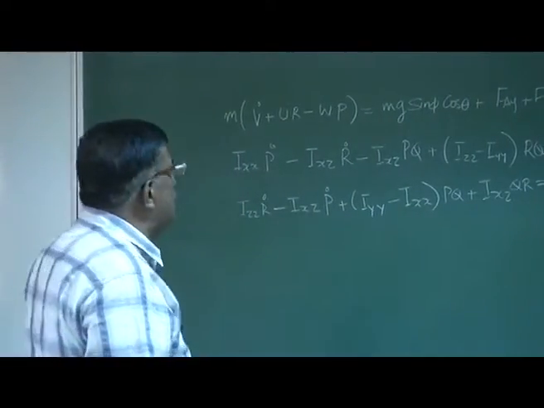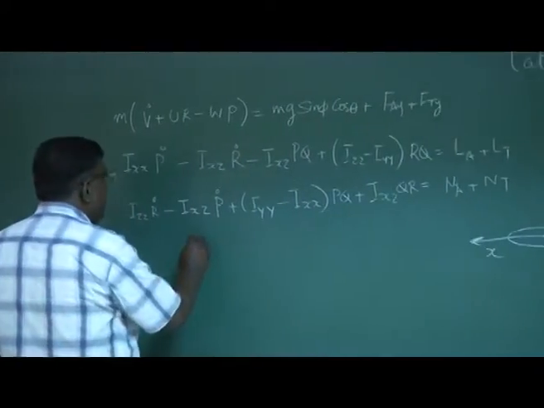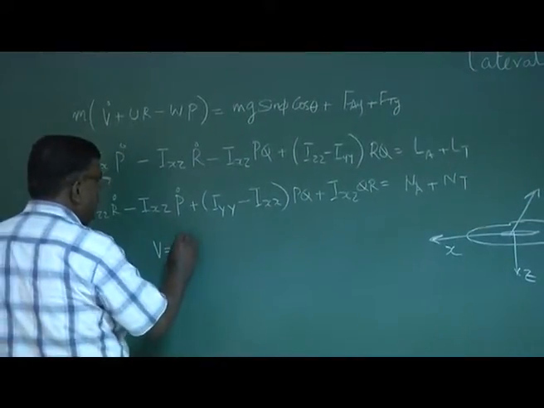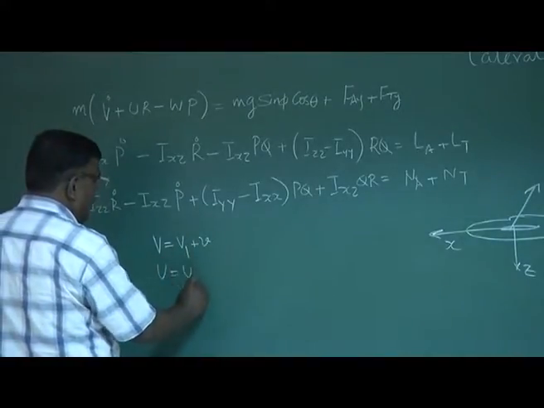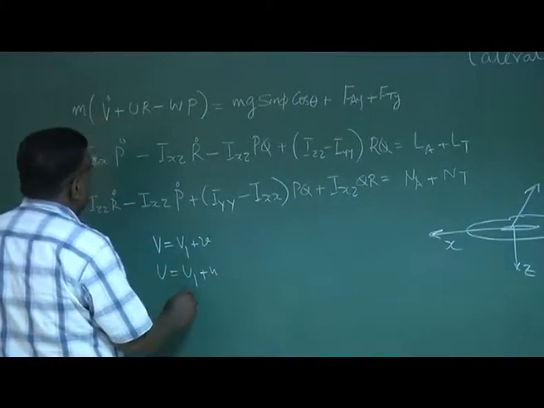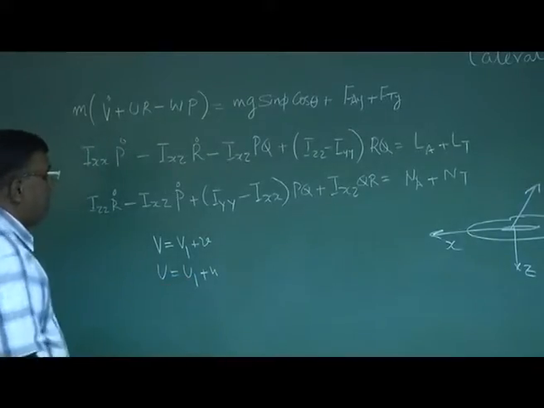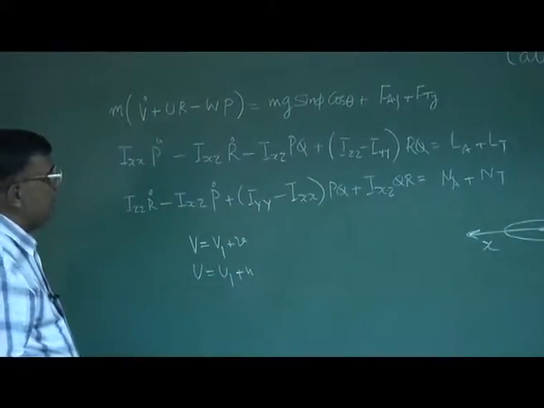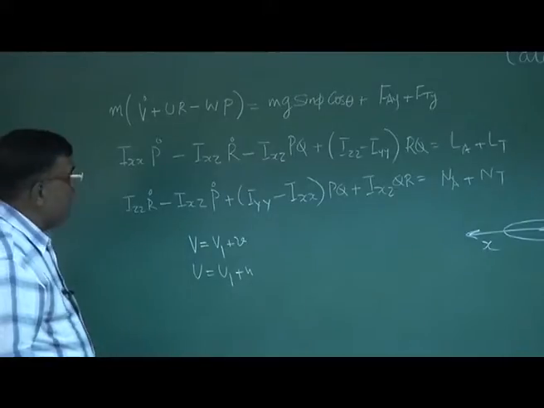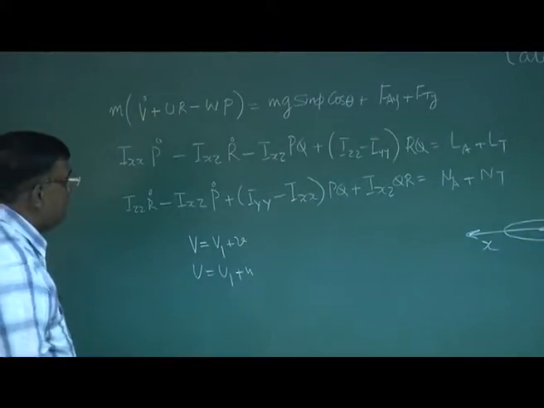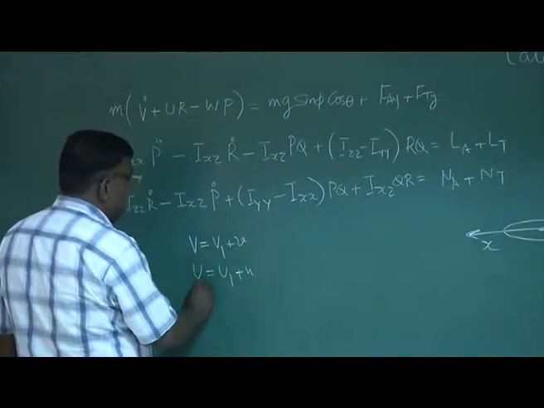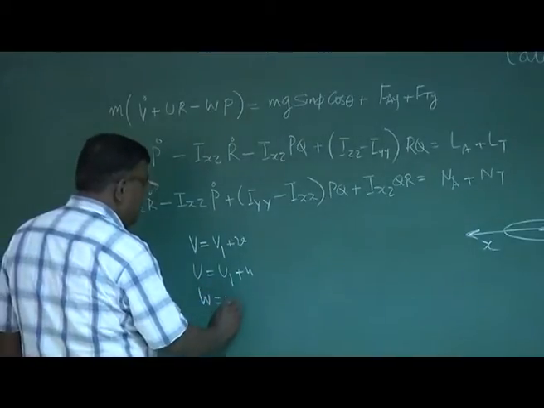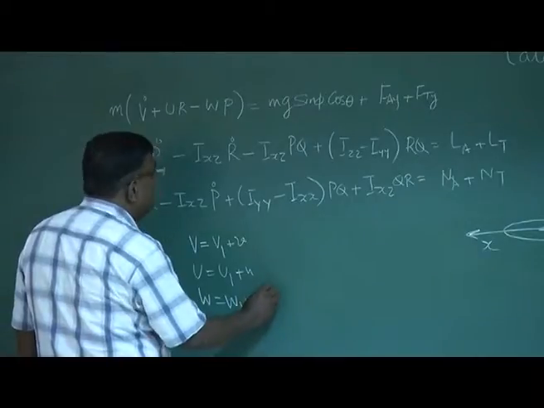As we did last time for the longitudinal case, it is very simple. V will be written as V1 at steady state plus v. U will be written as U1 plus small u. Here we will assume that there may not be much change in u, but even if you put this u, you will find that all will be taken care of in terms of small perturbation, and w equals w1 plus small w.